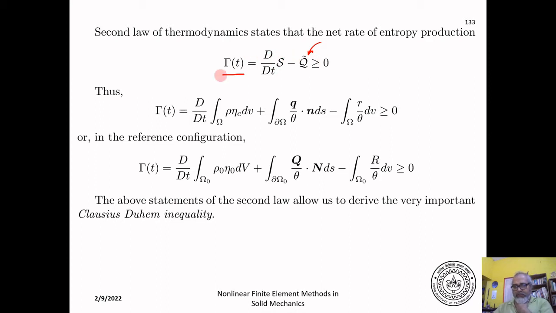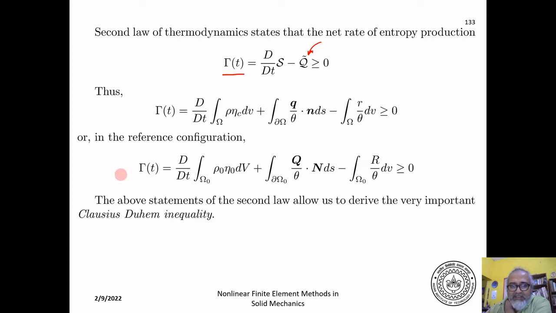So the difference between them is the net rate of entropy production. And if you now write this in the deformed configuration, this d/dt of S is rho eta c dV integrated over omega, and Q tilde is the entropy flux and the entropy production rate. So this difference has to be greater than 0, or equivalently we can write a similar statement for the net entropy production rate in the undeformed configuration.